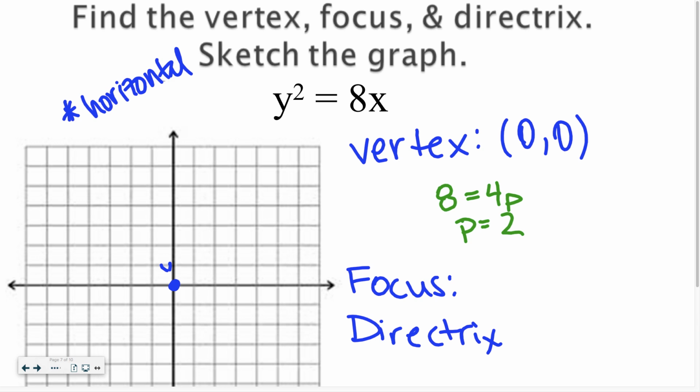If this is going to open to the right, and we want our focus to be inside of our parabola, P is 2, so I am going to move 1, 2 units inside of my parabola for our focus. Now I can determine from my graph that the focus is at 2, 0.